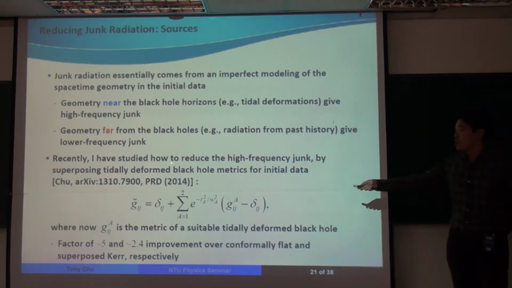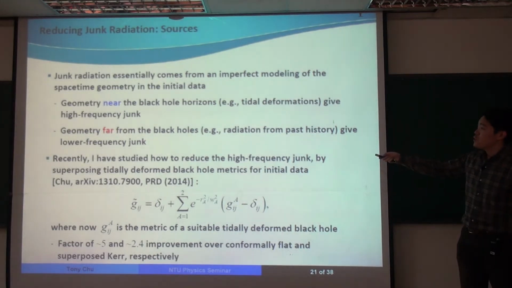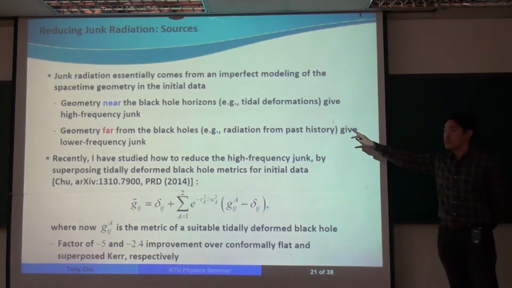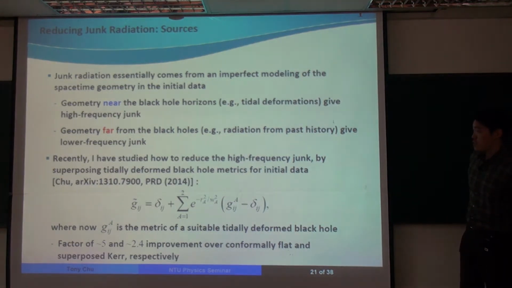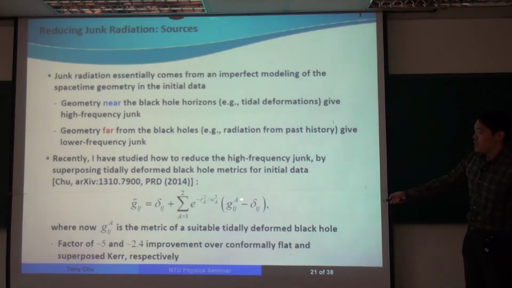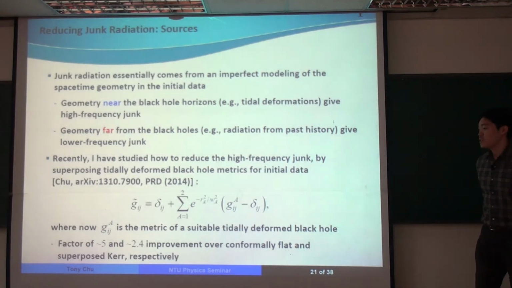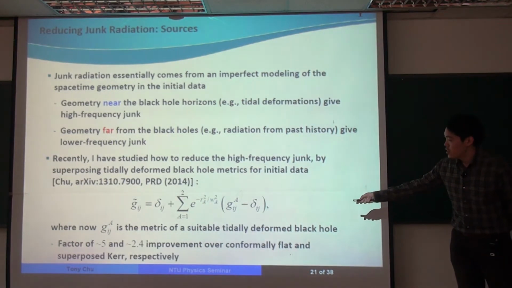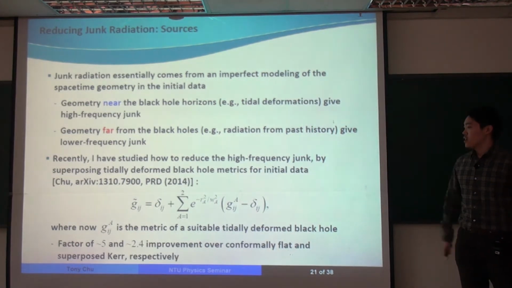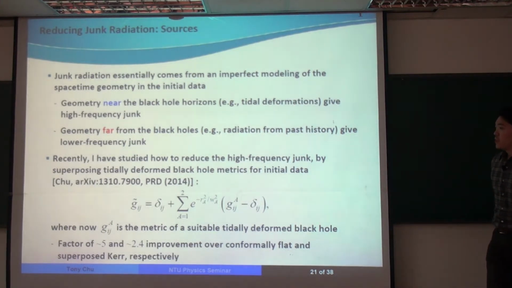More recently, though, I've studied how to include more realistic tidal deformations, to improve the geometry near the black hole horizons in the initial data, not just by superposing curved black holes, but superposing black hole metrics that have physically realistic tidal deformations in them. So instead of Gij here being a curved metric, Gij here is the metric of a tidally deformed black hole.